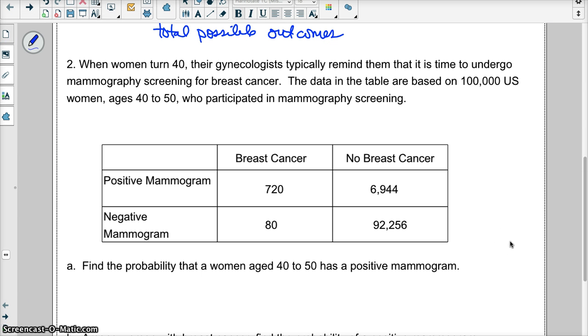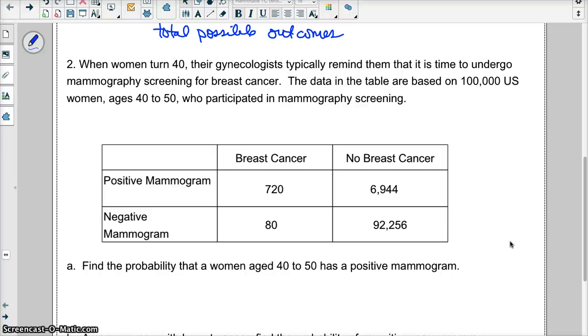So you understand this table, because I think there was some confusion earlier. A positive mammogram means something showed up on the scan, and your doctor would call you back to do further testing. A negative mammogram means nothing showed up on the scan, nothing out of the ordinary.